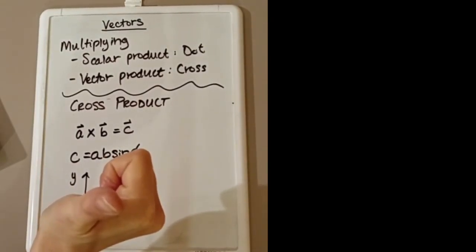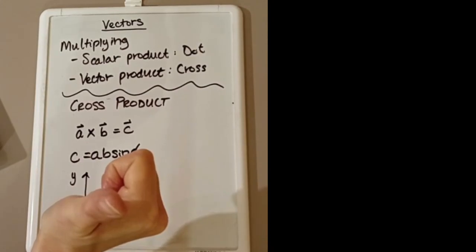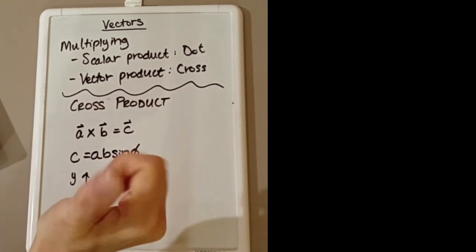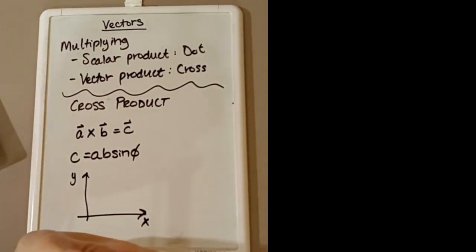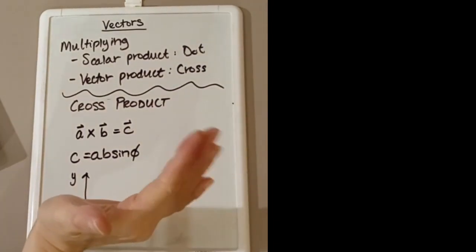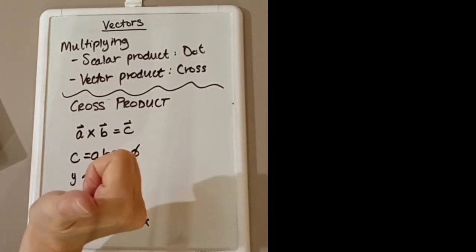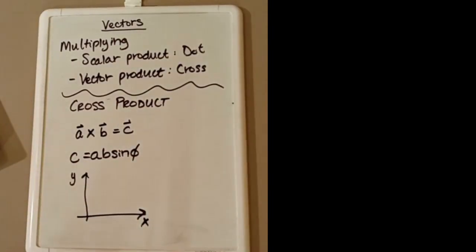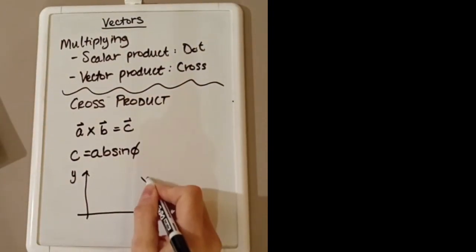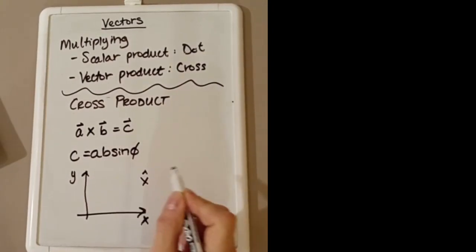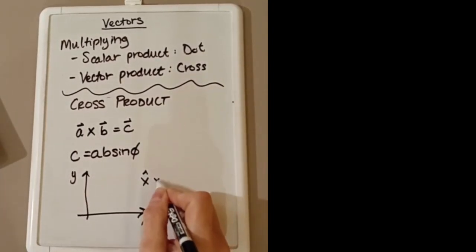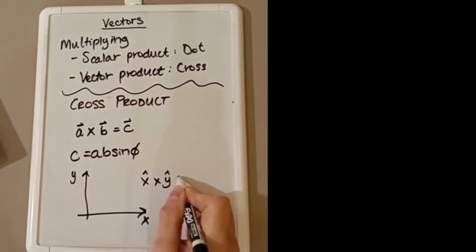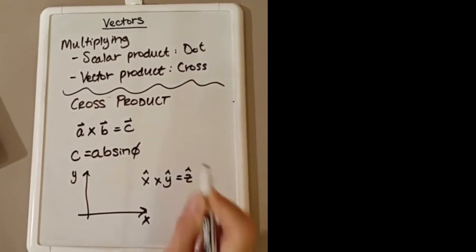If you're watching me, I'm doing this. If you're not, you're just going to have to imagine what I'm doing. Okay, so you put your fingers in the direction of x, curl toward y, and that means that z comes out of the page. So what that tells us is that x hat cross y hat is equal to z hat.